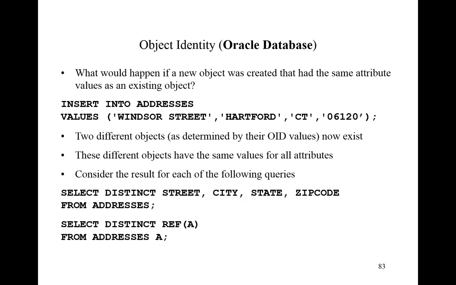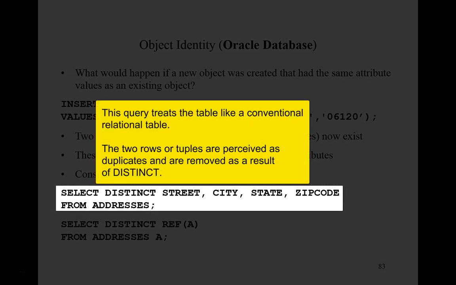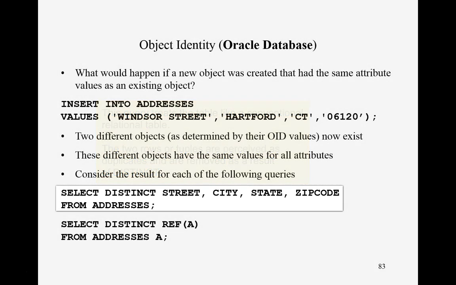Now consider the result for each of the following queries. If we select distinct street, city, state, zip code values from addresses, what would we get? Well, we're treating it more like a relational table, so we would not have duplicate rows. In the case of the street, city, state, and zip code being the same, we would have only one row.